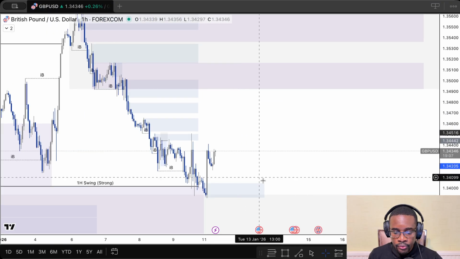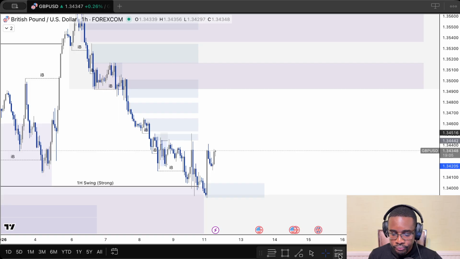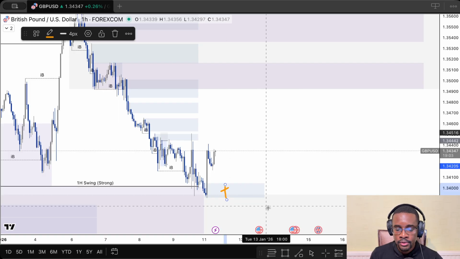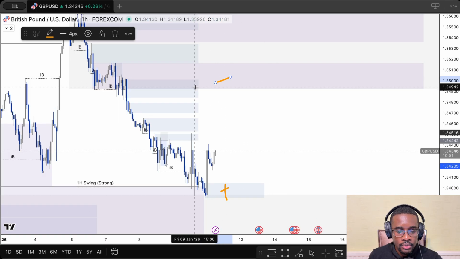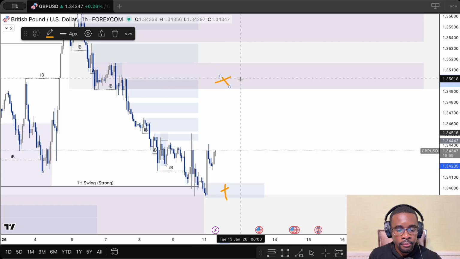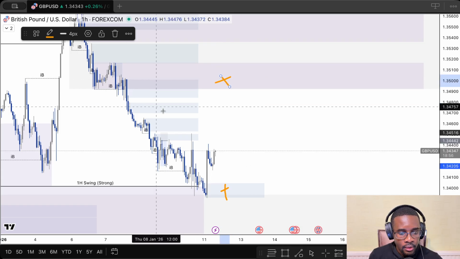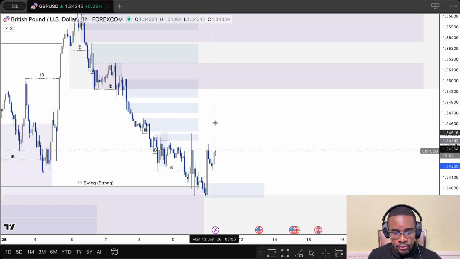So we could be looking for longs from this POI. We're looking for longs from here, and then maybe shorts when you get up there. So those are the trade ideas for today.